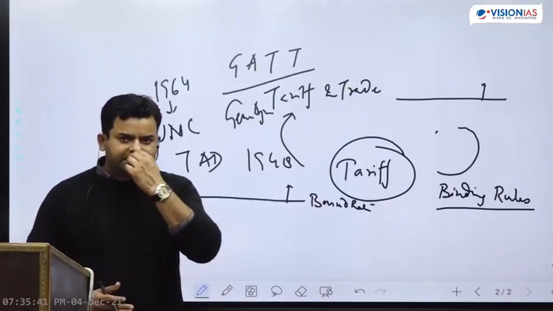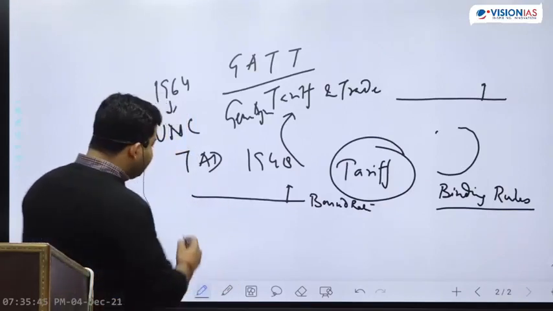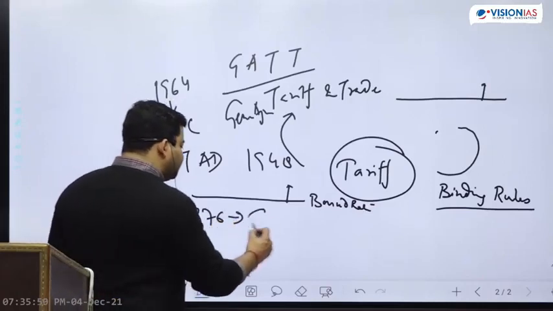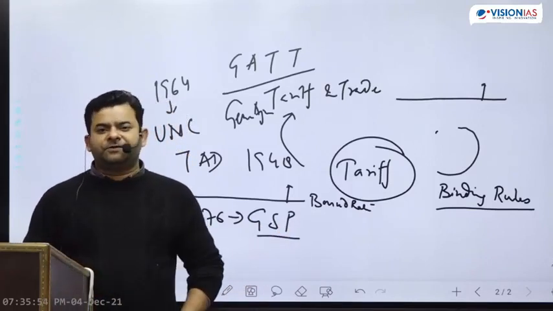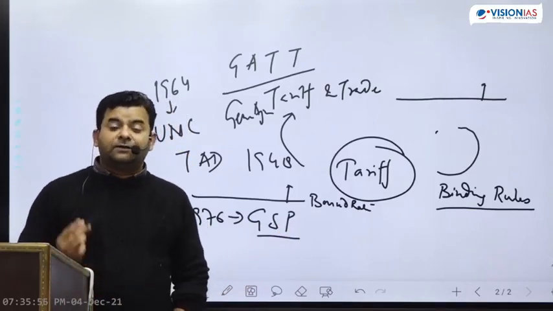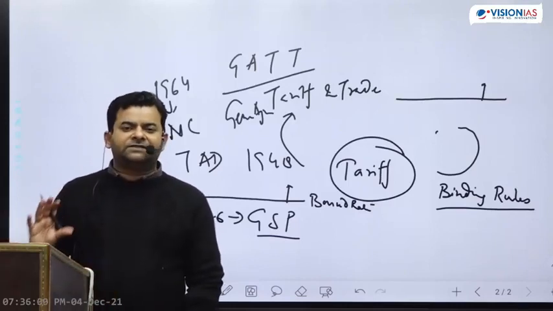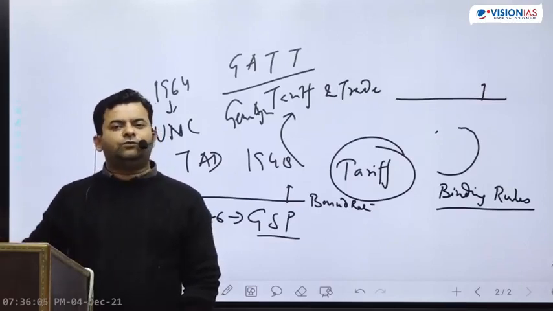UNCTAD came up in 1964. However, a major breakthrough came in 1976, when USA developed the Generalized System of Preference, GSP. What was this Generalized System of Preference? It was developed by USA initially. There are certain countries which are, let's say, their favorite countries, and they will provide various tariff discounts to them.